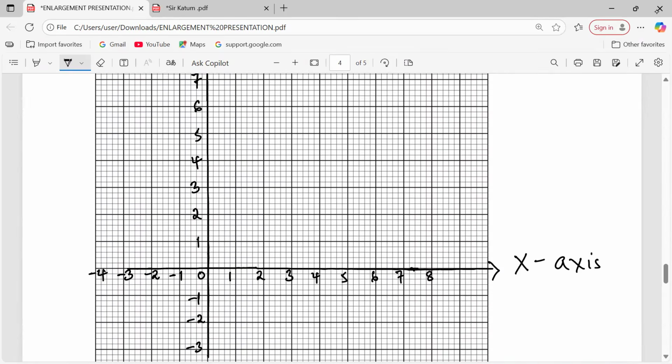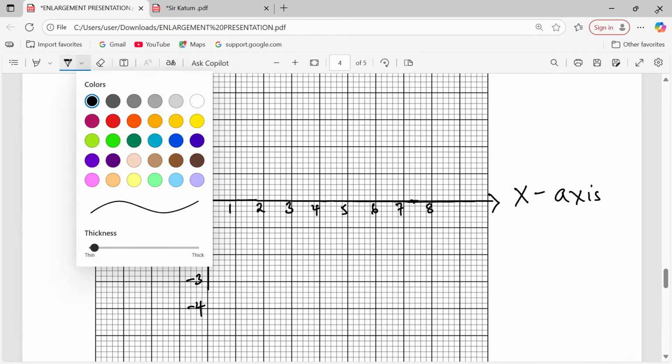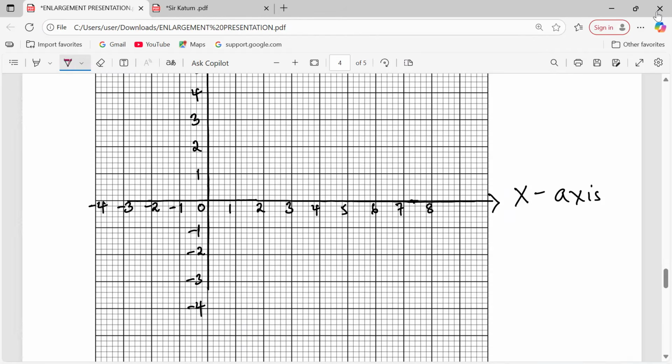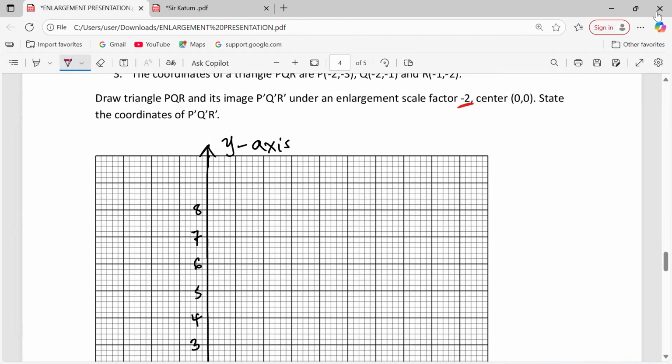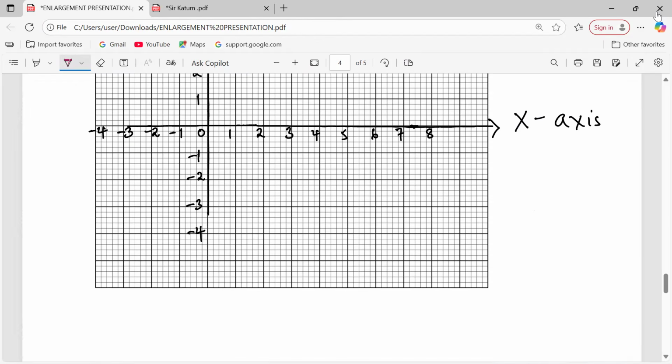The first mentioned coordinate is usually the x value, so we start with (-2, -3). That means -2 on the x, where it meets -3 on the y.